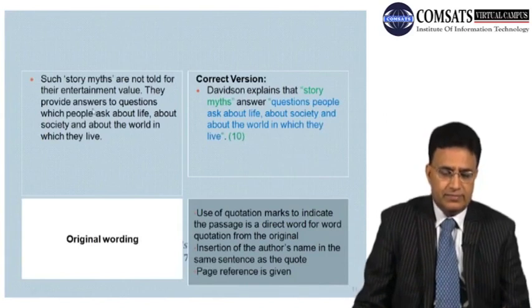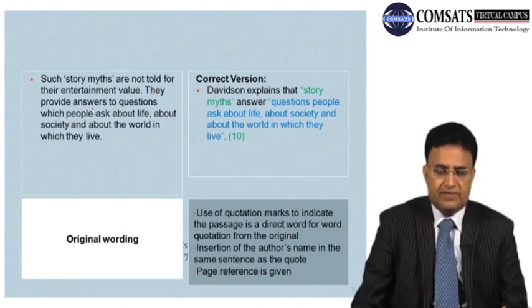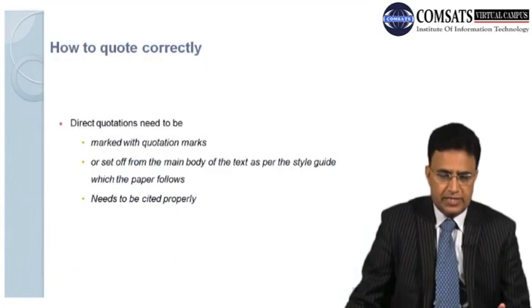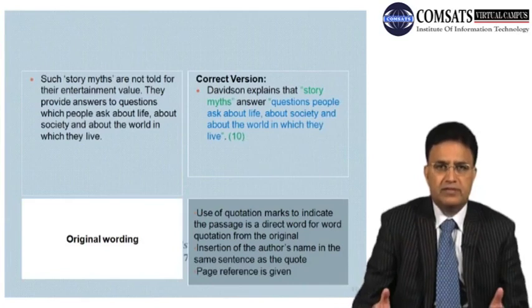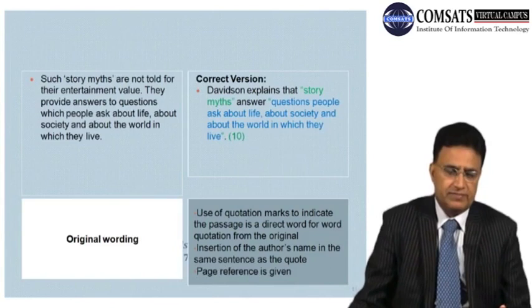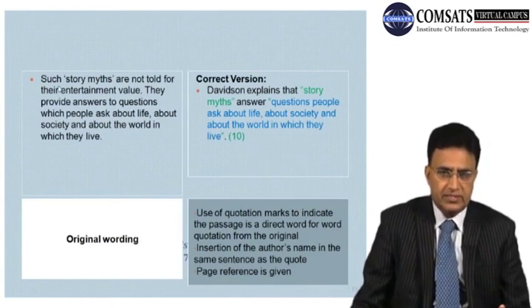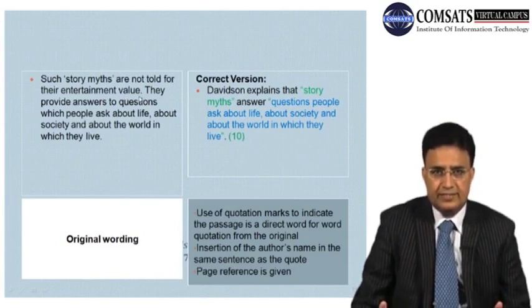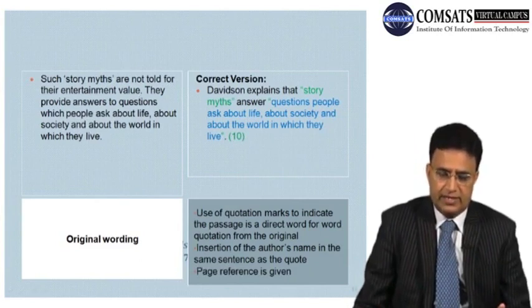Look at another type of plagiarism, a comparison. Before we move on to the next example, look, you see how it can be improved if the proper citation and reference is given. If this is the original wording, its correct version, which won't be considered plagiarism, would be something like this.